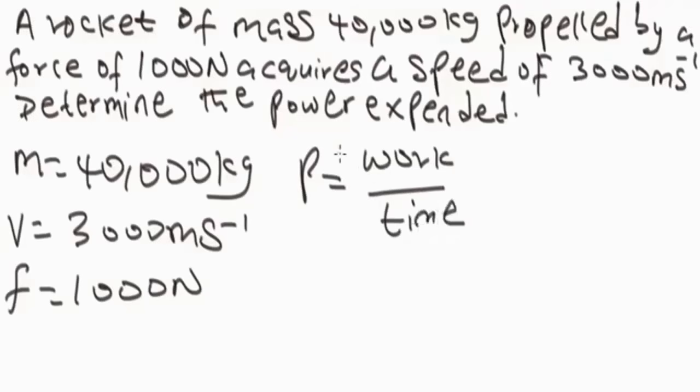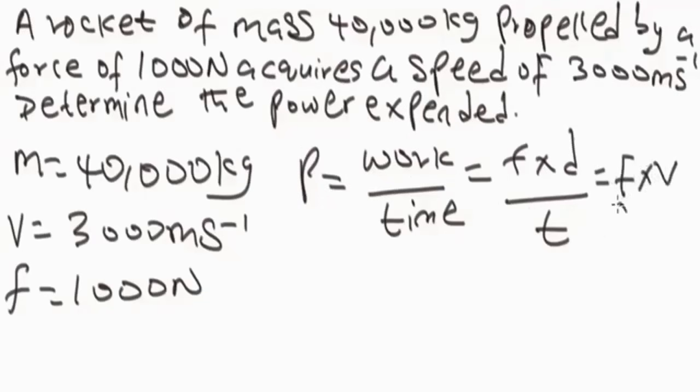Since we don't have distance given in this question, if we break this formula down, it will be force times distance over time, or mgh over time. Since we don't have distance or height in this expression, and we also don't have time, that means when you break this down, it can also give us force times velocity. That means this is the one we're going to work with.